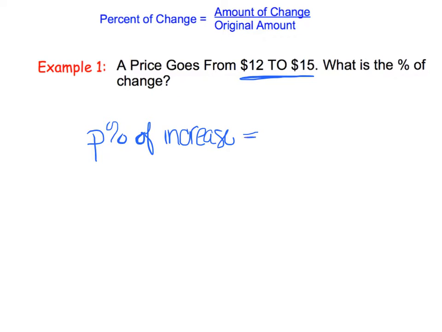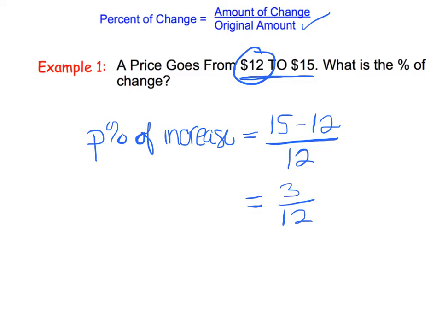Well, that's going to be equal to the difference between the two amounts, and we will still always take the larger number minus the smaller number. But here's where you need to be careful, because we need to put the original amount in the denominator. That would be the 12. And then it just turns into a matter of calculation. We take our 15 minus 12, which gives us 3 over 12.